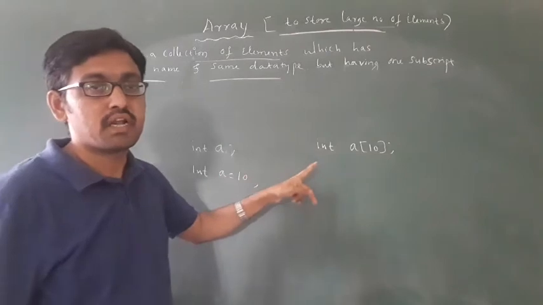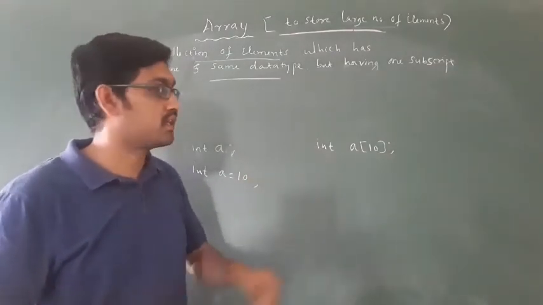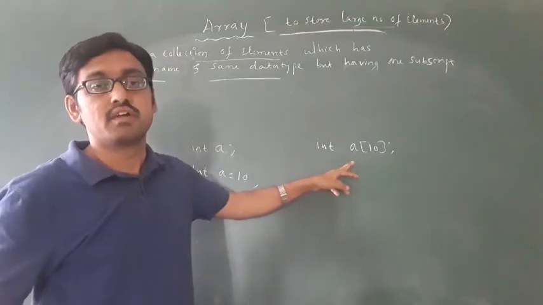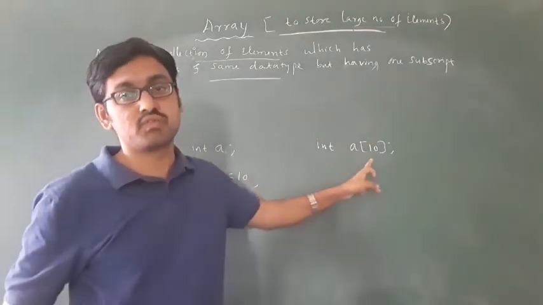See, an array variable is always used to store a large number of elements. That's why you use this array. You can store 10 values in this.